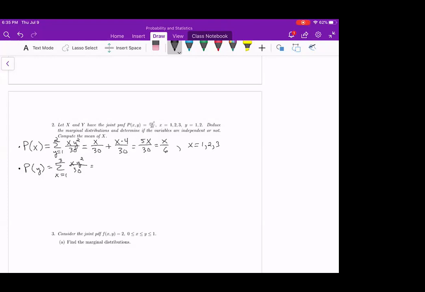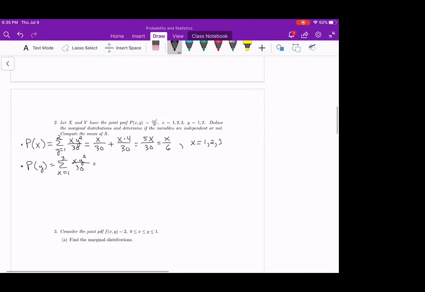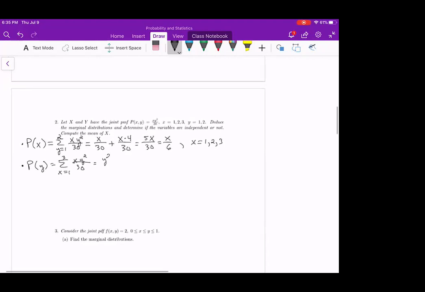And yeah, that is what you should end up getting. So he got 6 times y squared over 30, which you could simplify to y squared over 5. And I'll finish the solution that I started here. So now you are evaluating x. When x is 1, you've got y squared over 30, plus when x is 2, you have 2y squared over 30, plus 3y squared over 30.